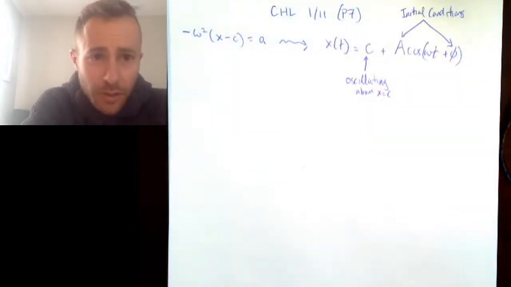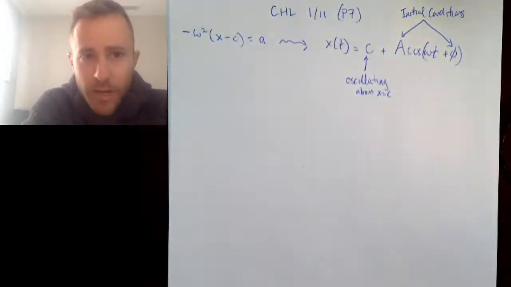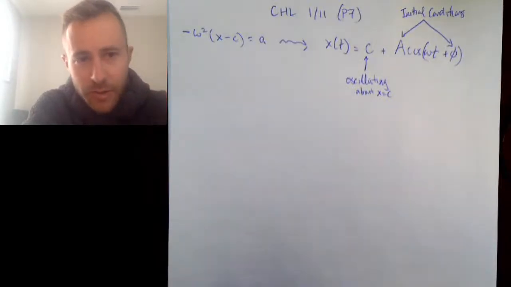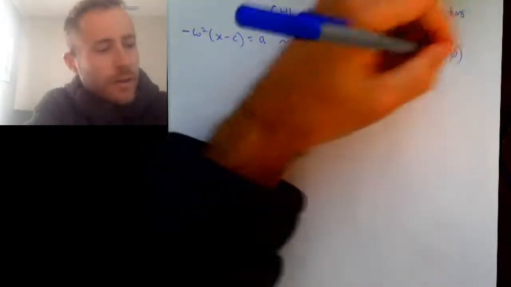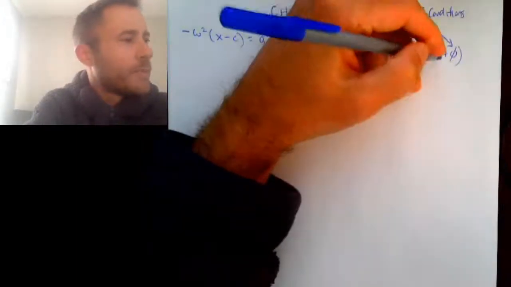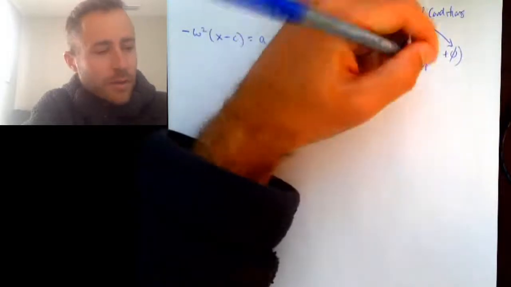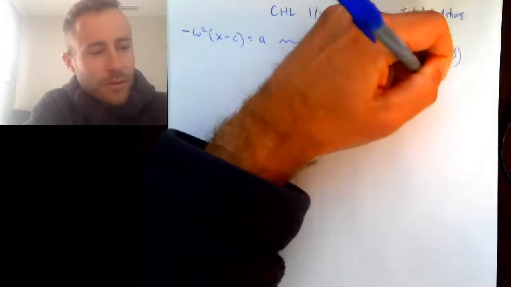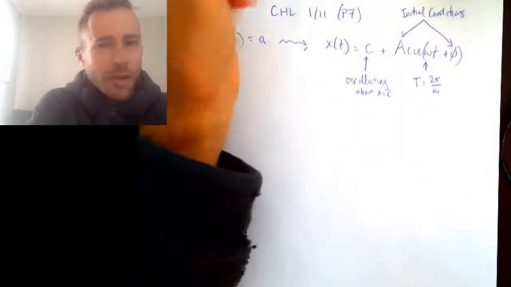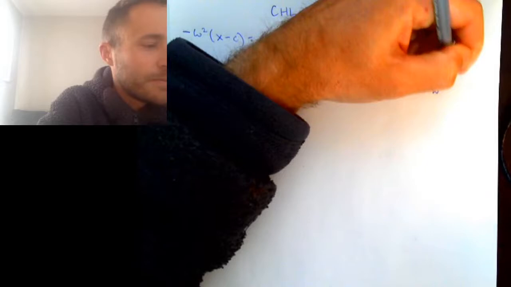The initial conditions have to do with when you start the system oscillating and how much energy you give it. And then omega is related to the period through the equation period is 2 pi over omega, and it is determined by the properties of the system.